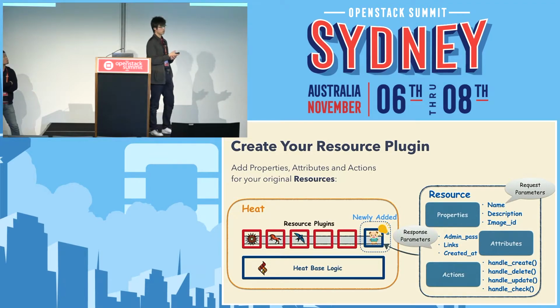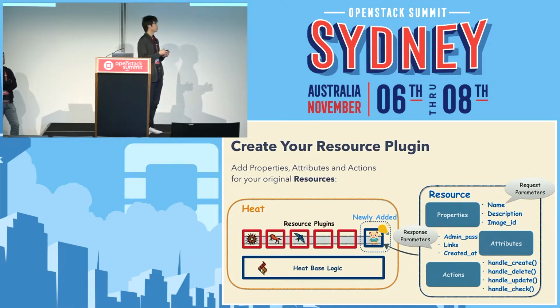Next are the attributes. Attributes are used to collect information from the response, such as, for our bare metal server, the admin password. Of course, we need to get it from the bare metal server API. And finally, the actions. Actions are methods used to make changes from Heat to the APIs, such as handle_create to create a new bare metal server, handle_delete to delete it, and some other similar actions.